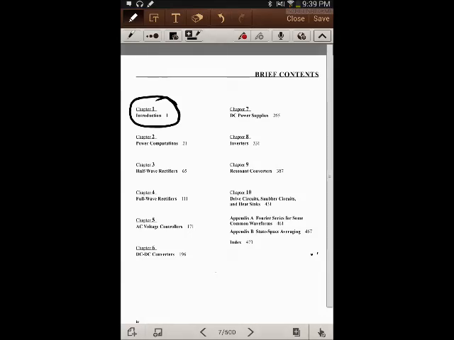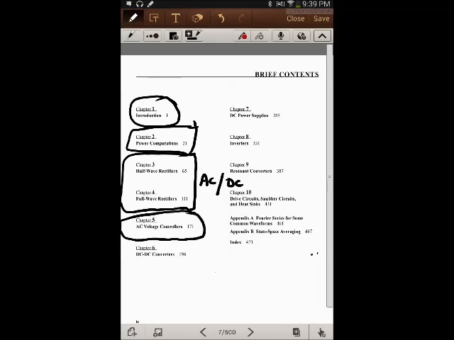Then I will present a few lectures about power computation, like the concept of instantaneous power, and then we will go through the first converter, which is called rectifiers, which convert AC sources into DC sources. And then I will briefly talk about AC voltage controller.